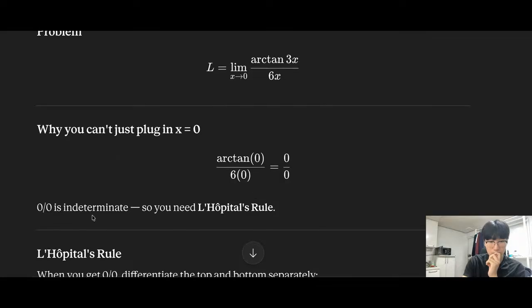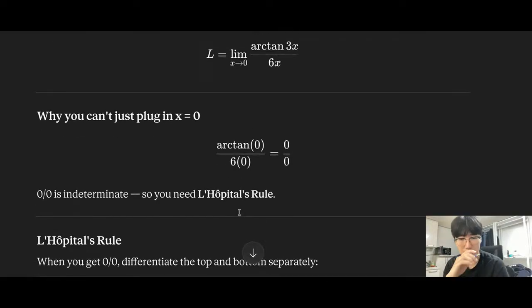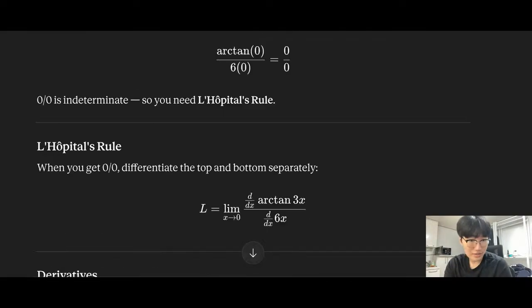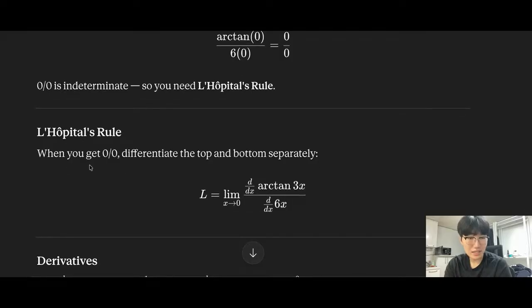Because 0 over 0 is indeterminate, so you need L'Hopital's rule. When you get 0 over 0, differentiate the top and bottom separately.